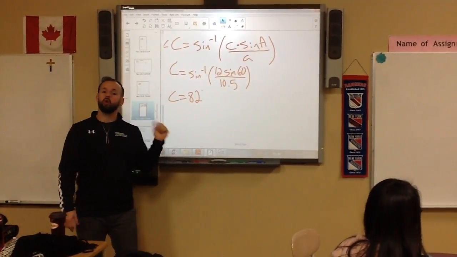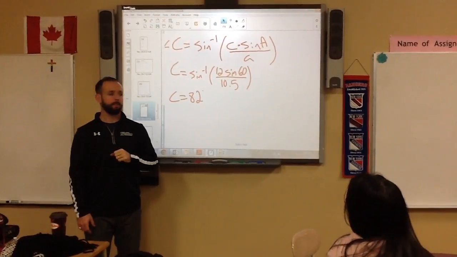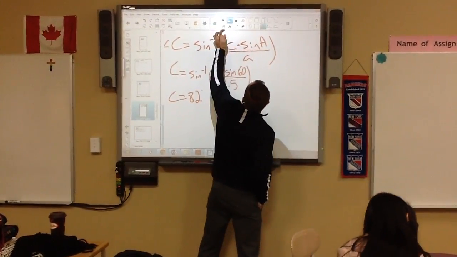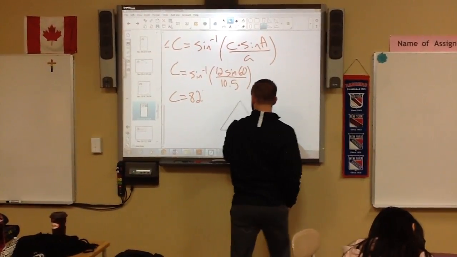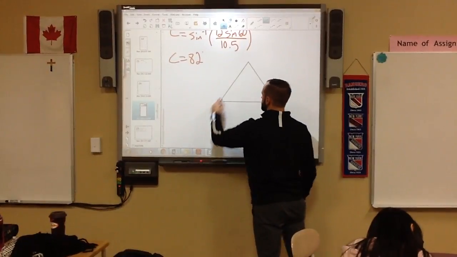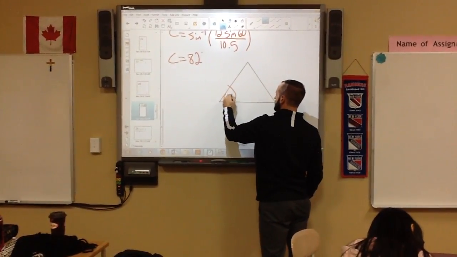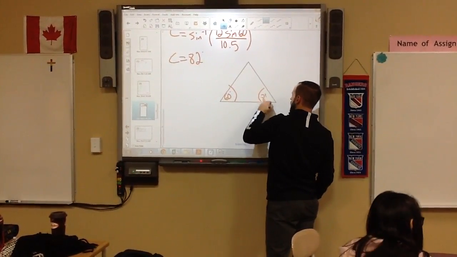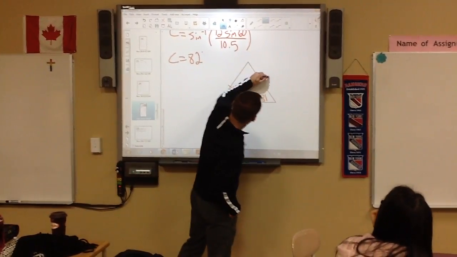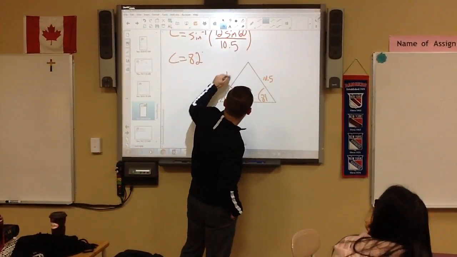Is that an acute or an obtuse angle? It's acute. Okay, so what that means is if I were to draw this triangle, the first triangle that I would draw, this one here is 60, this one here is 81, okay? This is 10.5, and this is 12.